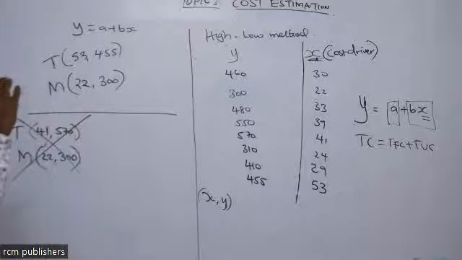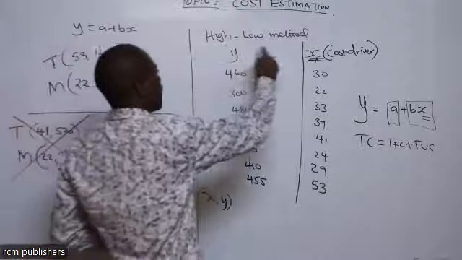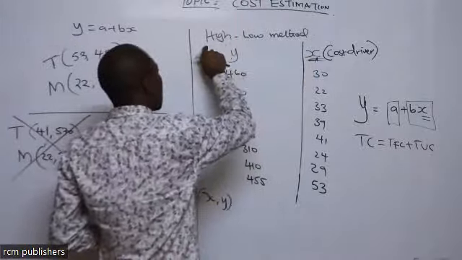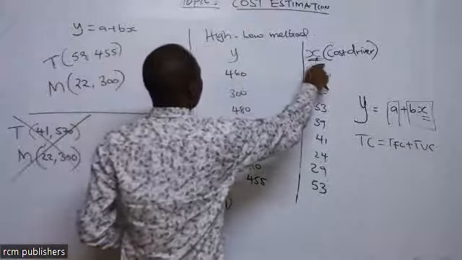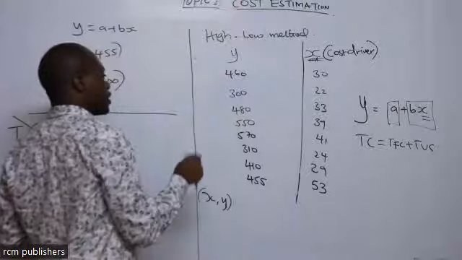So you have to identify them, first of all, to do away with the titles, which we've done. From there, if you're going to apply the high-low method, then we move to this side of X and look for the highest value and the lowest value.